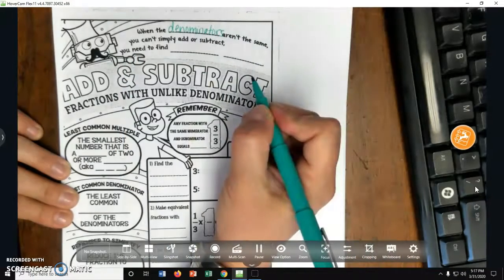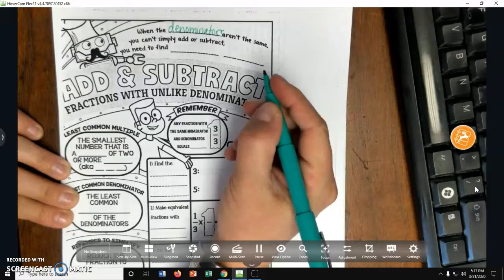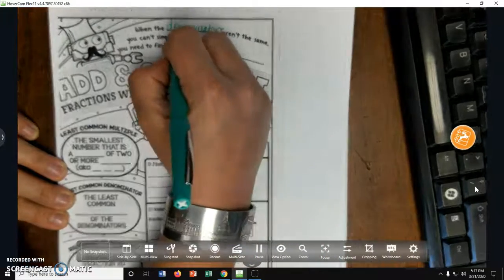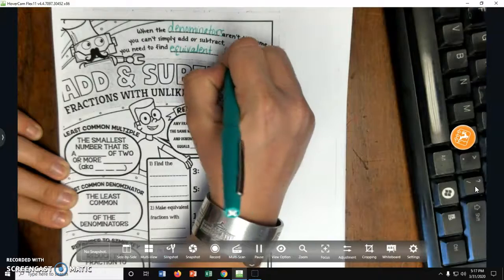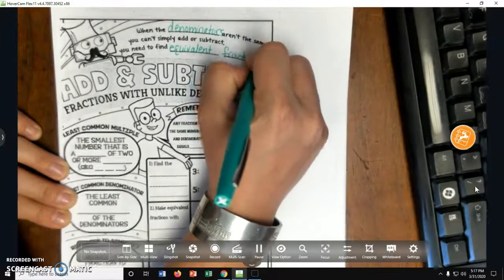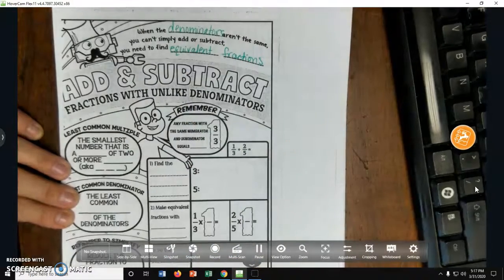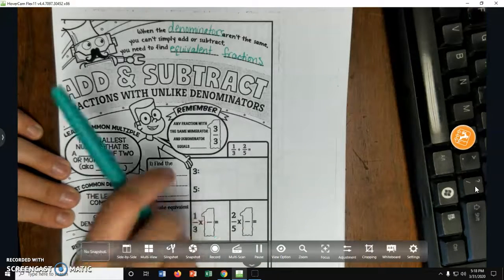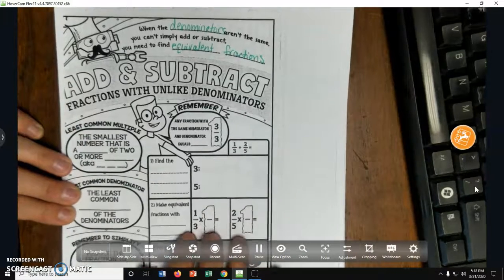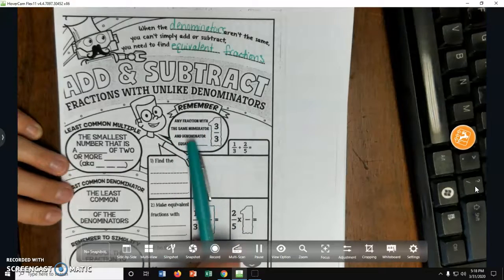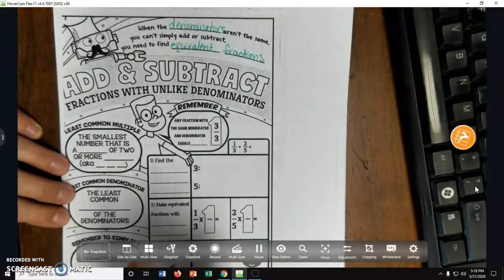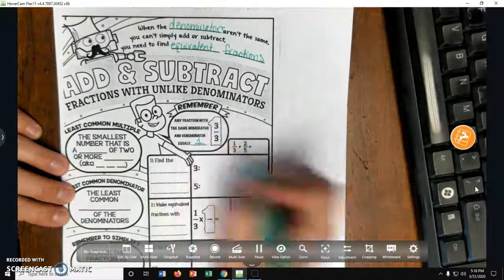You need to find equivalent fractions. Okay, so you got to find equivalent fractions to get those denominators the same. Add and subtract fractions with unlike denominators. Remember, any fraction with the same numerator and denominator, such as 3 over 3, equals 1 whole.